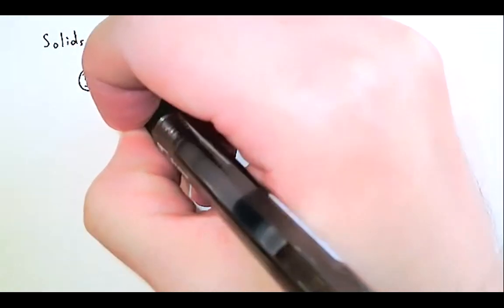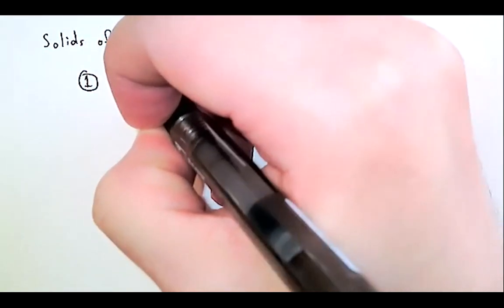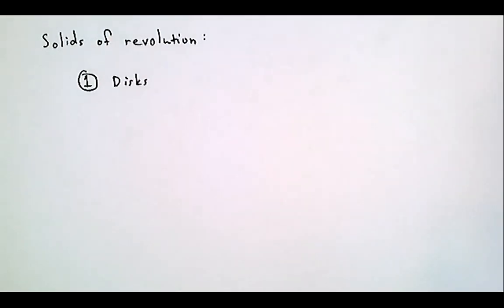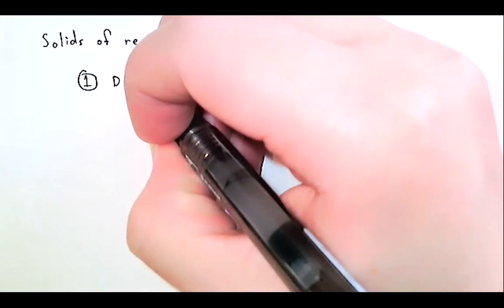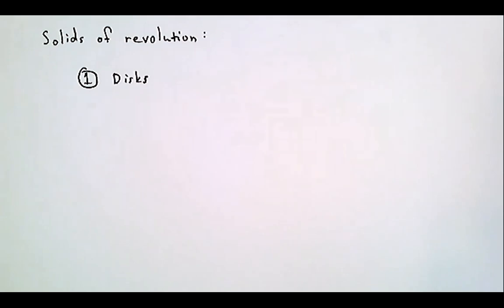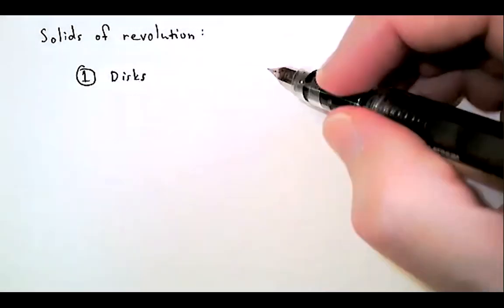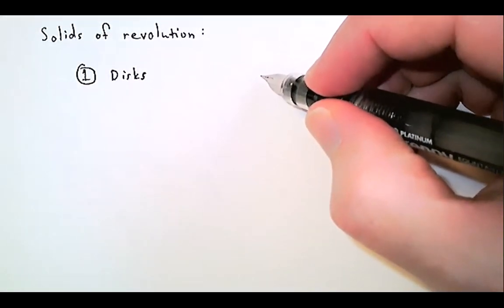Okay, so the first topic we're going to talk about is disks, solids created by disks, more or less. And I'll have to do a little bit of explanation to tell you what I mean by this.